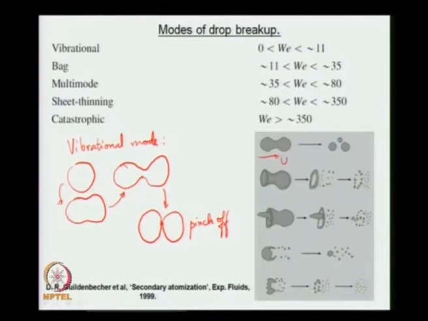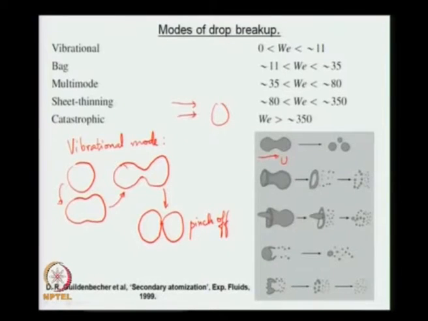One would have to imagine in all these cases that the drop is introduced into an air stream of some velocity u, and that gives rise to the Weber number. Initially the drop is at rest and you let go of it, you have this relative velocity between the drop and the air that causes this kind of behavior if your Weber number is very small.